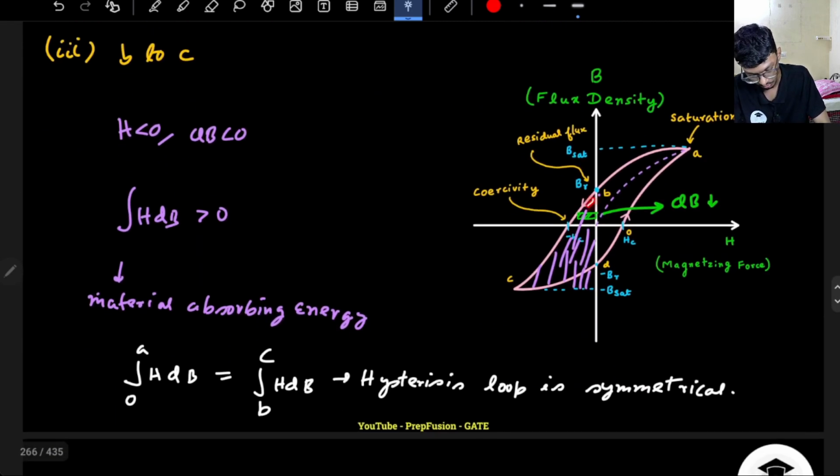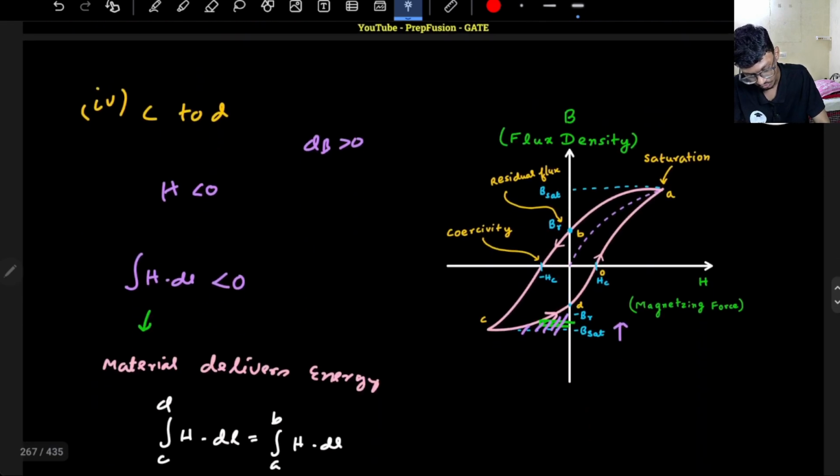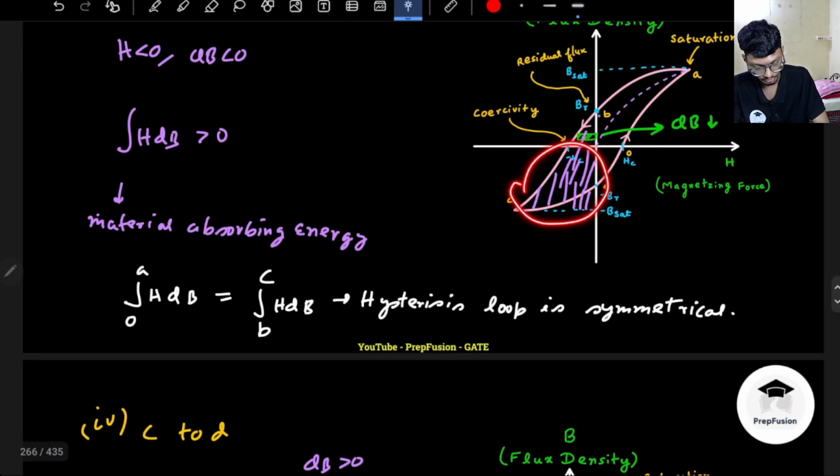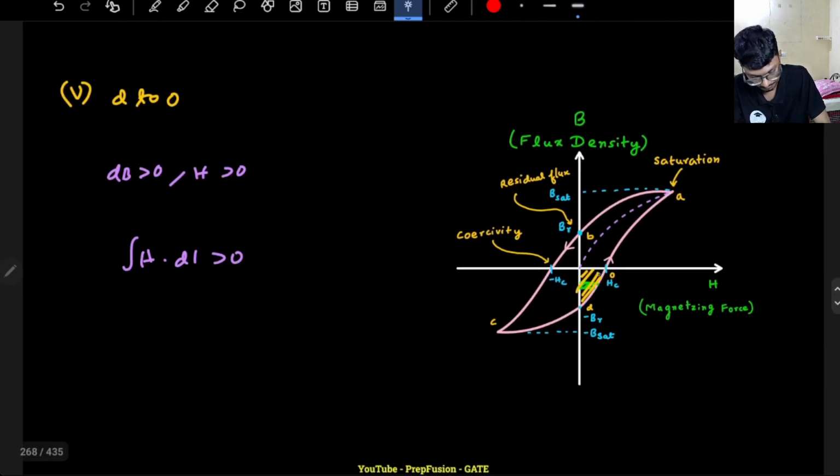In case 3, this is the whole area, okay, and in case 4, this is the area and it is negative, so it is subtracted. So actually I am subtracting this area from this whole area. So how much area do I have? This whole area. Okay, so I already have this area and this area. What is the left area? This much, and this is the final area.